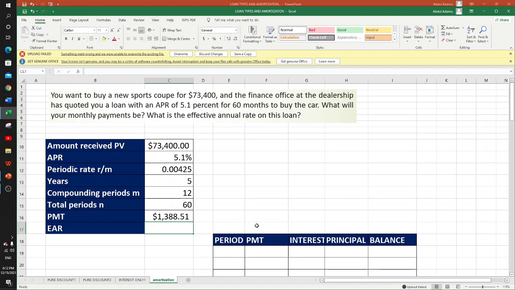Let's do the EAR first before we do our amortization schedule. Using the EFFECT function, equals EFFECT.